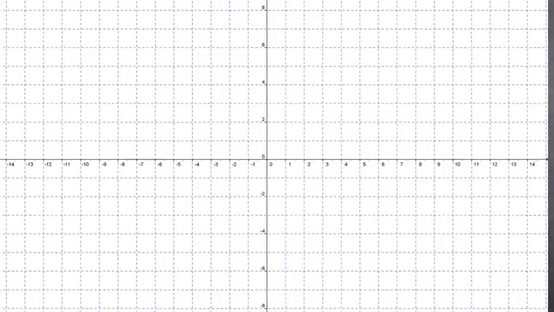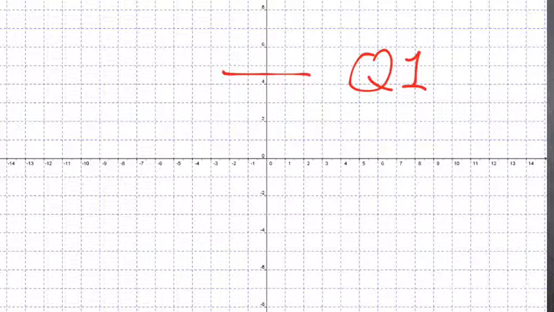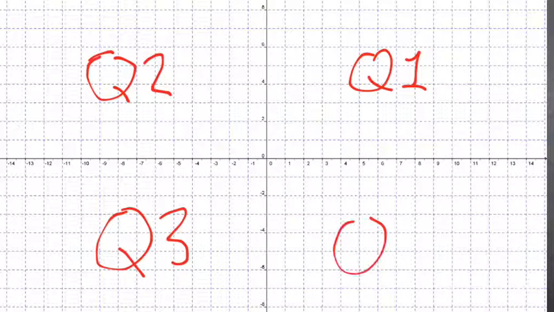If we zoom out and we see the full image of the coordinate plane, we can see that there was a lot more that you never really seen. If this is quadrant 1, this one to the left of it is quadrant 2. It goes counterclockwise, my friends, which means this is quadrant 3 and this is quadrant 4.